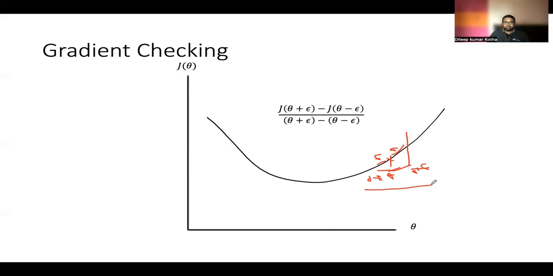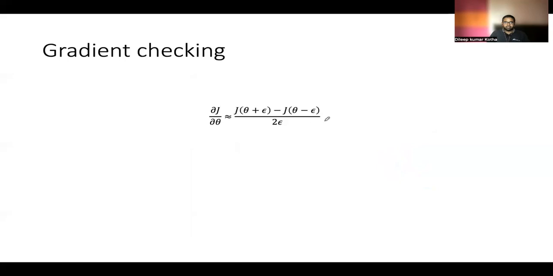This will be the formula for that. As you can see here, theta and theta cancel out, and epsilon plus epsilon will be 2 epsilon. So this will be the gradient at any point. We already have a derivative function available, so this is the derivative.